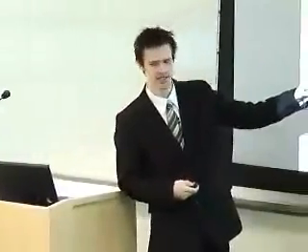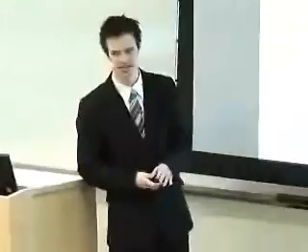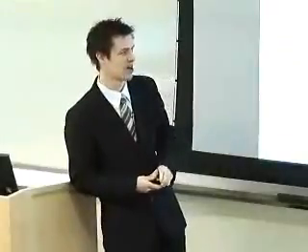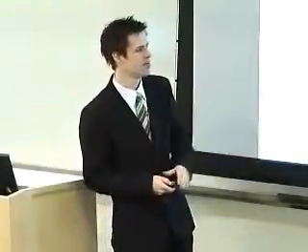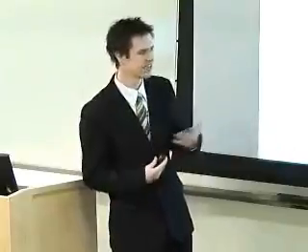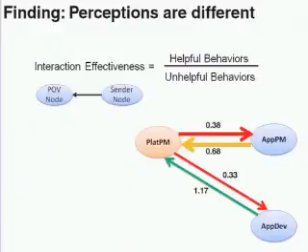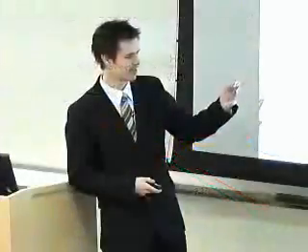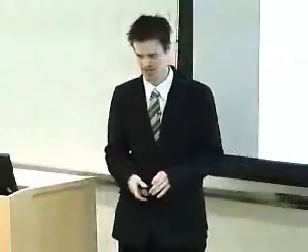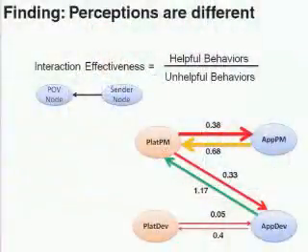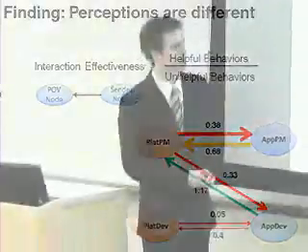So here we have application PM perceives this interaction as being relatively negative, and there's quite a few of those behaviors as being unhelpful. Platform PM, on the other hand, perceives it a little bit better, but still just generally not great. Application dev perceives the situation as being extremely negative, but platform PM perceives the exact same interaction as being quite a bit more positive. And platform dev and app dev are just generally in a pretty bad situation here.